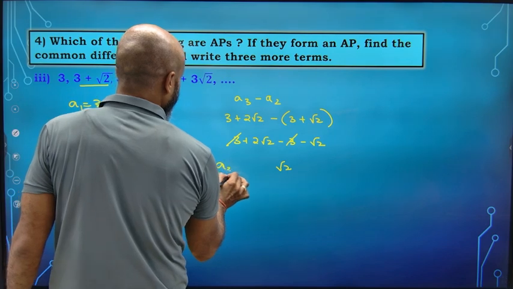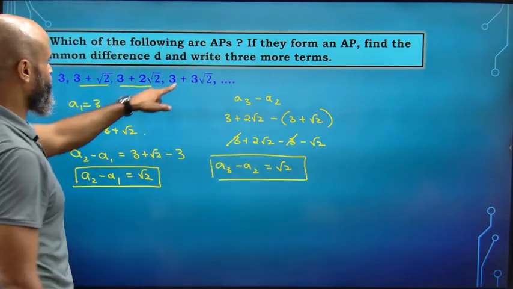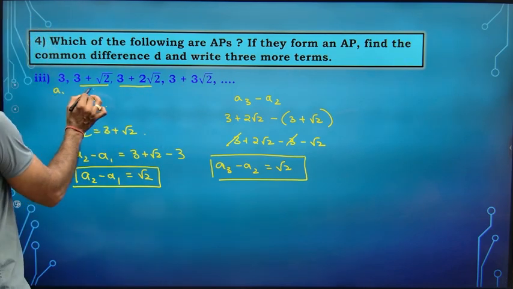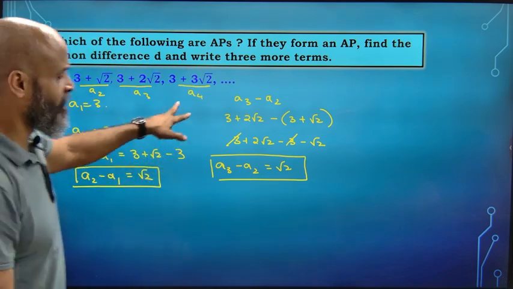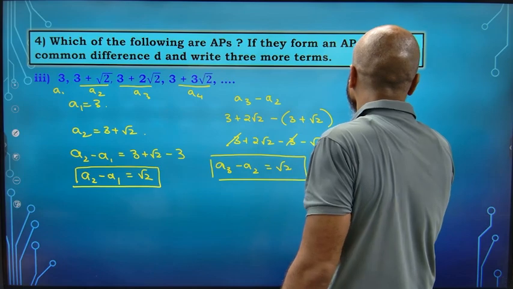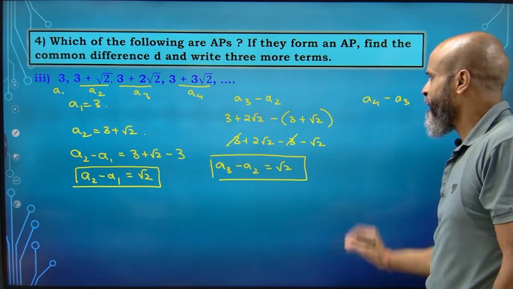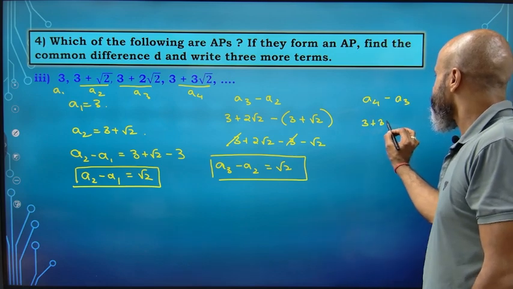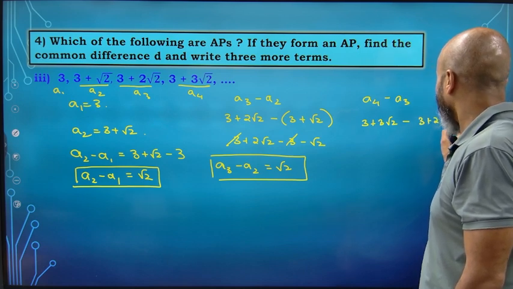So A3 minus A2 is equal to under root 2. Now this is basically your A1, this is your A2, this is your A3, and finally this is your A4. So let's see whether we have a common difference which is maintained across A4 and A3. A4 minus A3 will be how much? 3 plus 3 under root 2 minus 3 plus 2 under root 2.